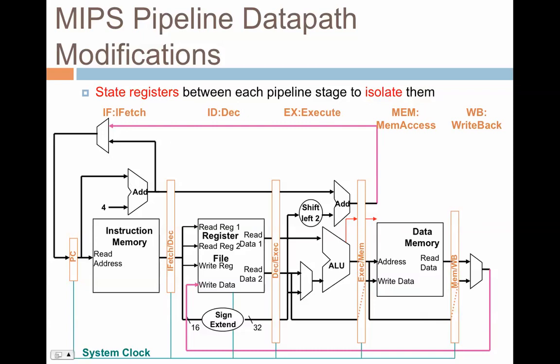Now another thing to keep in mind is this register write. When you decode the instruction, you are going to figure out which registers you want to read and which register you are going to write to. Now you should keep in mind that this register needs to move along with the instruction. Why? Because a new instruction is going to come into the decode stage every cycle.